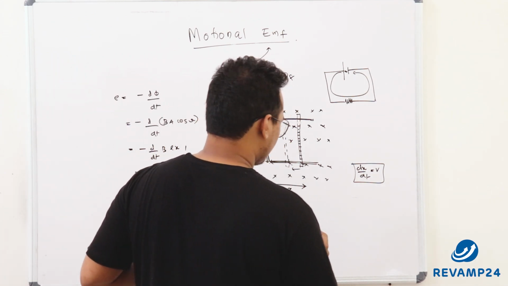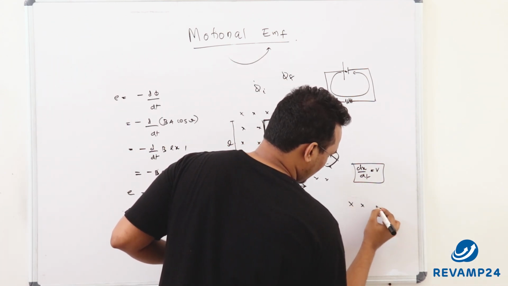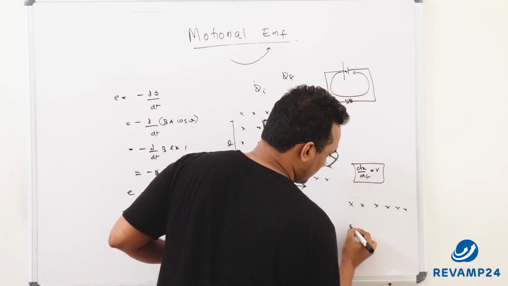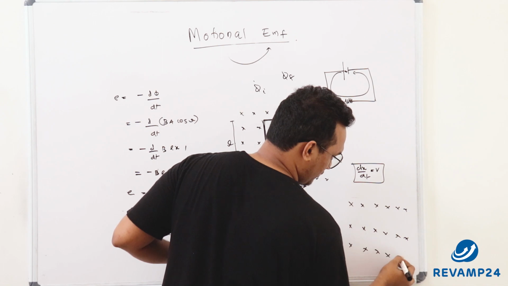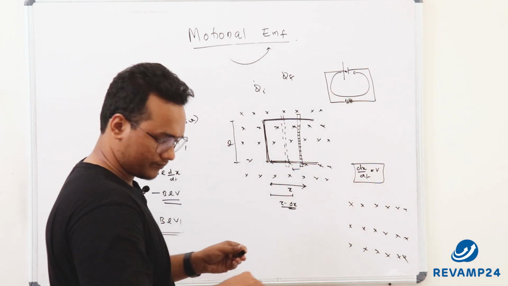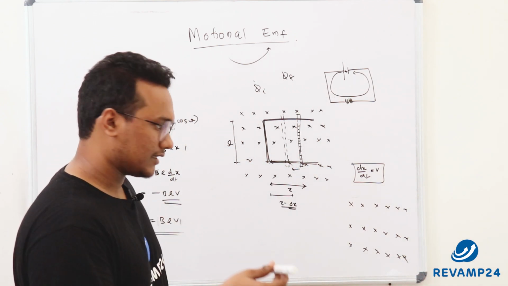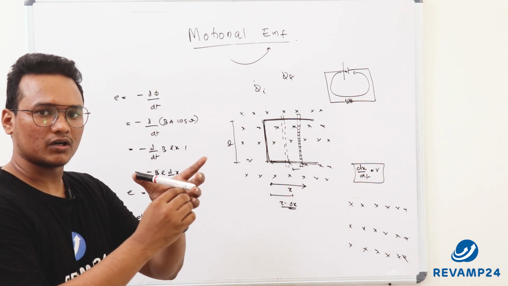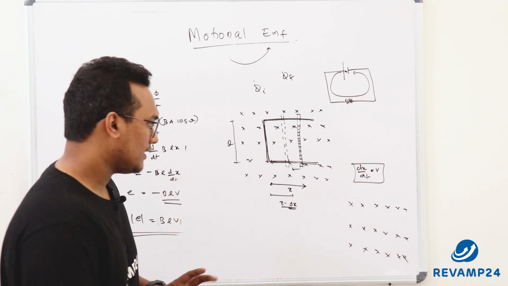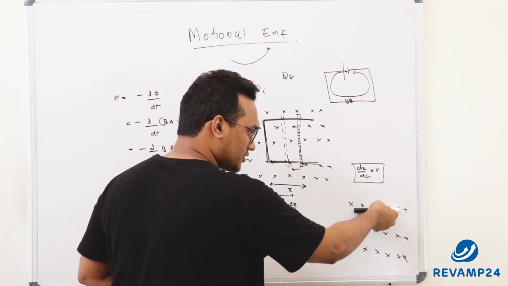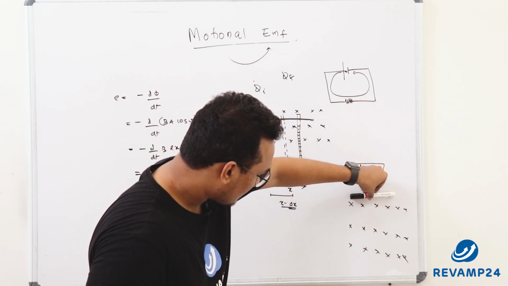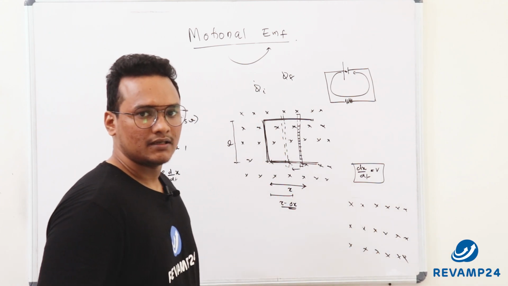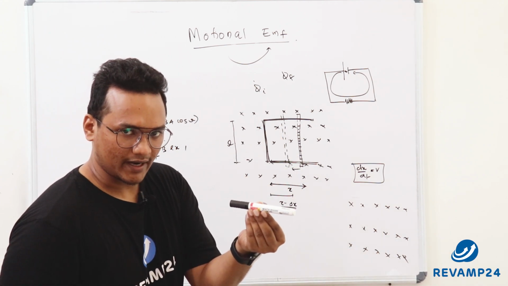Okay, now this is an experiment. I have a magnetic field here. Okay, now this is a rod, a metallic rod. So the metallic rod will have lots of free electrons here, right? Now when I am dropping it from this position to this position, what will happen? This rod is cutting the magnetic field lines. There will be an induced EMF, right?